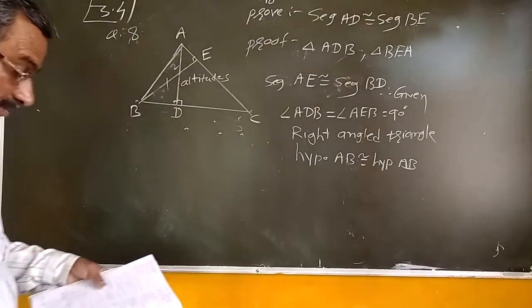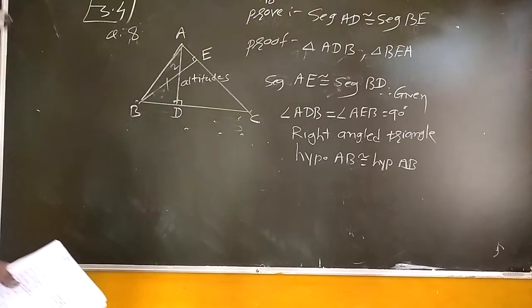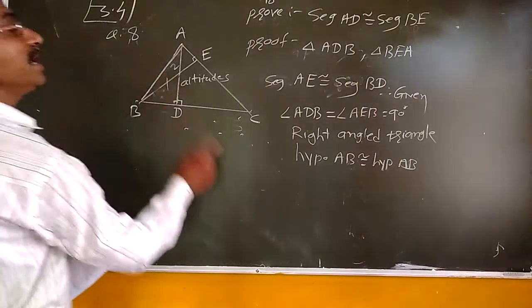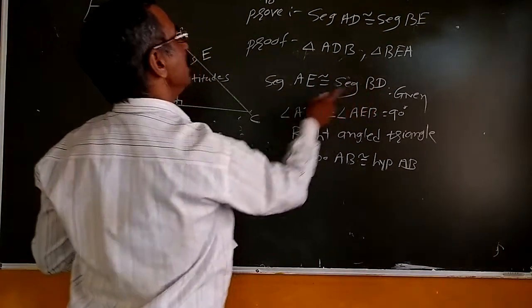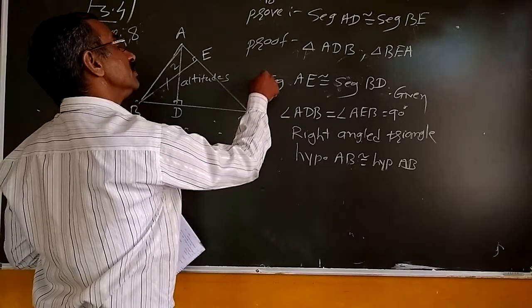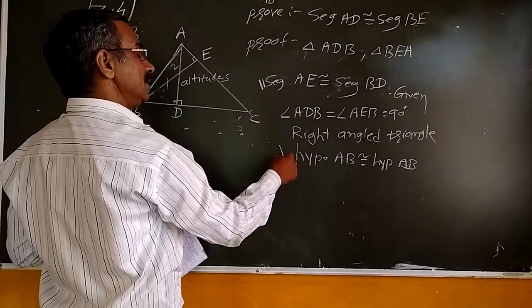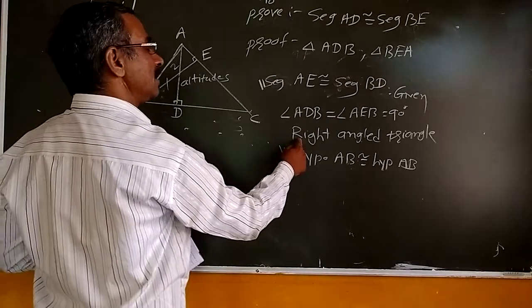Then AE and BD are given, means one side and the hypotenuse of the right angle triangles.